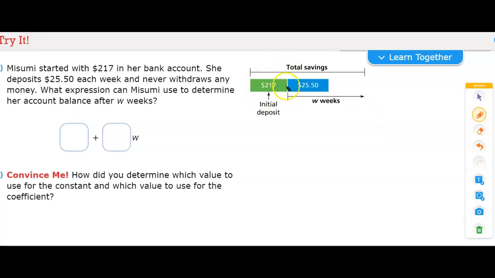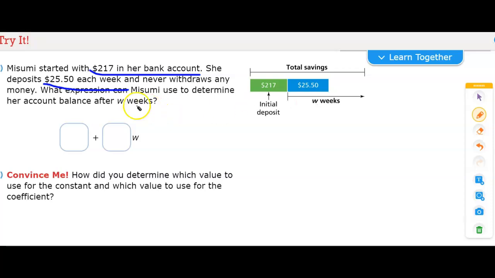We have $217 that represents our initial deposit into her bank account. And then we have the $25.50 each week that she deposits, but we don't know how many weeks. So that's why there is a W to represent the unknown number of weeks that she made those deposits.